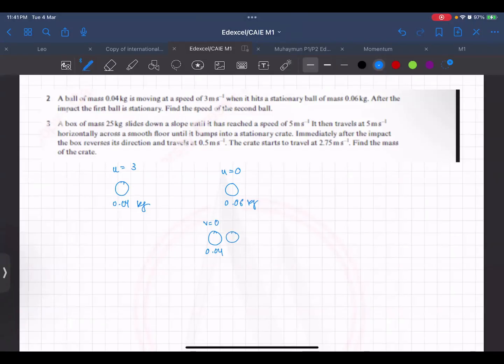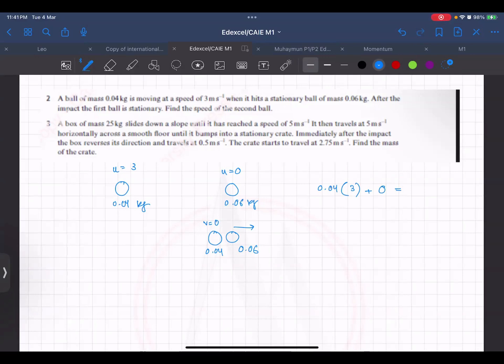The second ball would definitely, it's very easy to predict, go to the right side. But let's see. Initial momentum would be 0.04, the left side ball, times its velocity, plus the second ball's velocity is 0, so its momentum is 0.